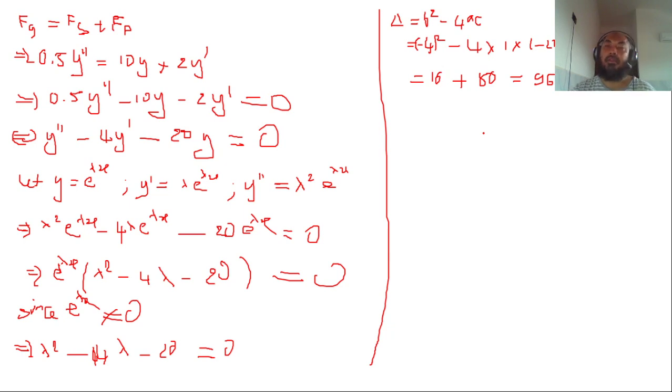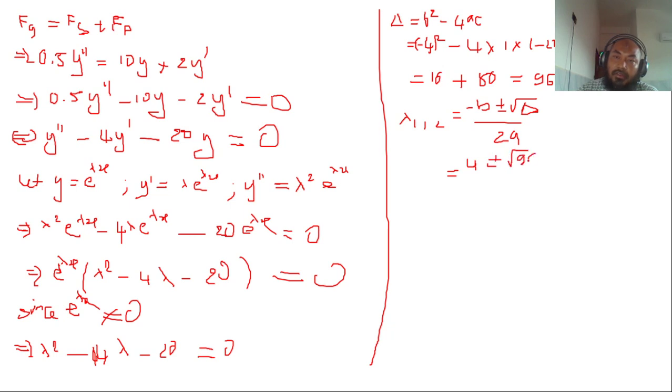Okay, so we will get lambda 1 and lambda 2 equal to minus b plus minus square root delta divided by 2a. So it will be equal to 4 plus minus square root of 96 divided by 2.